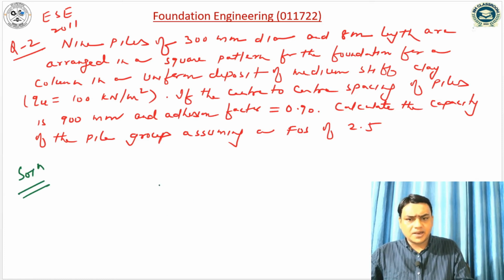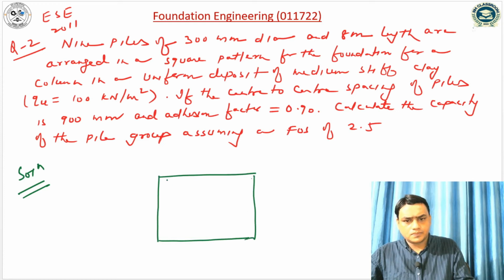So 9 piles are arranged in such a way in a square pattern. This is the 9 piles and the spacing is given.